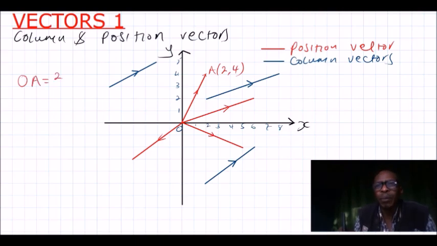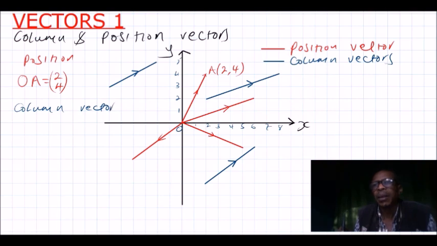Whenever you are given the coordinates of a point, the position vector of that point, the vector from the origin, is when you write the coordinates in vertical form. So this is a position vector. When it comes to a column vector, you check the displacement along the x-axis.